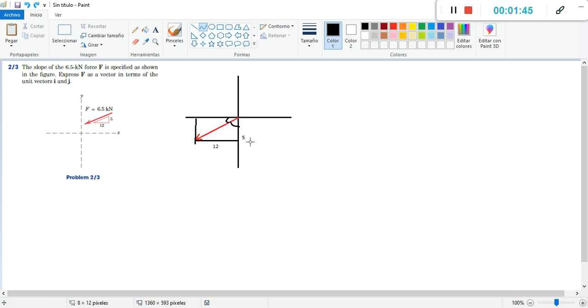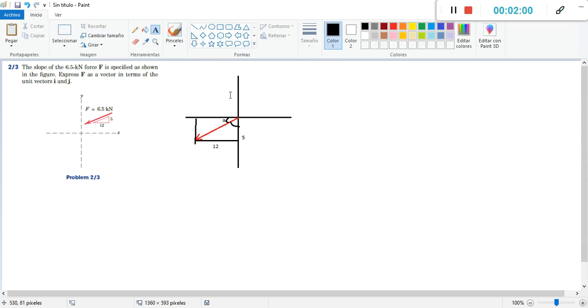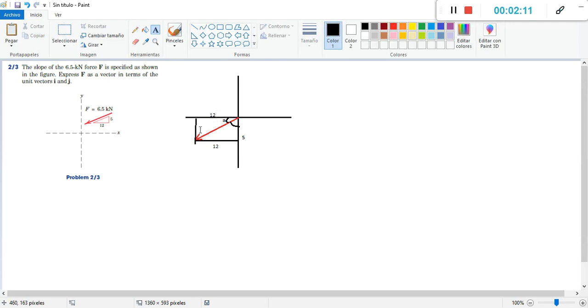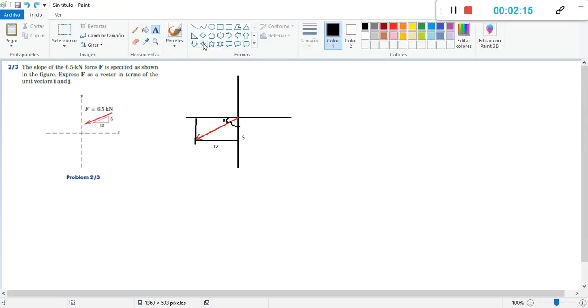So from here we can analyze this. I'm going to name this angle A. So this triangle is equal to this triangle. So this side has 12 and this side has 5. So from there we can work.